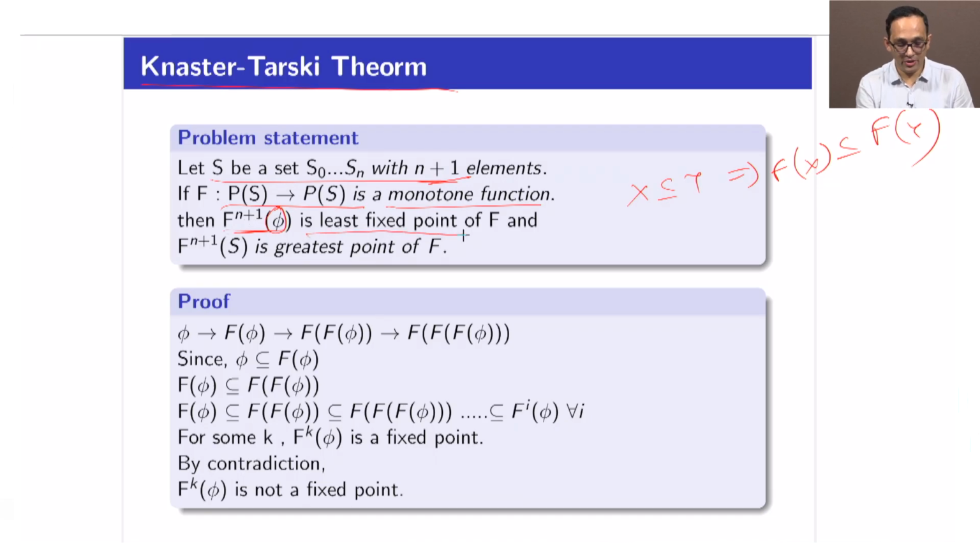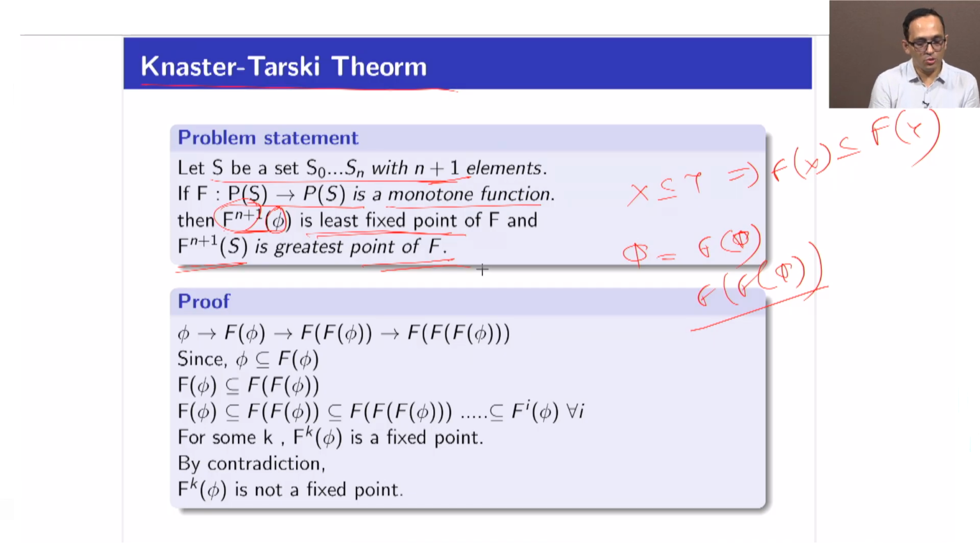You see, I start with null, then I get f of null, and then if I apply f again, I get another set, right. This is how I am going to grow, and after n plus 1 applications this is a least fixed point, and if I start from the entire set, I will get the greatest fixed point, and this proof is very simple, right.